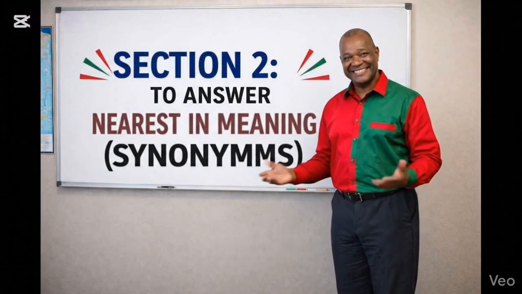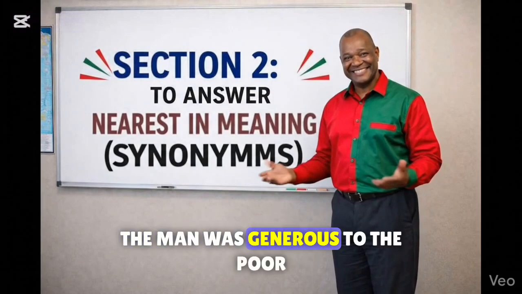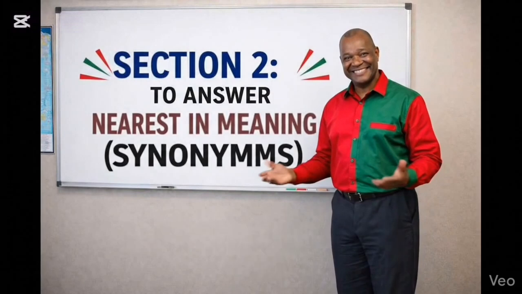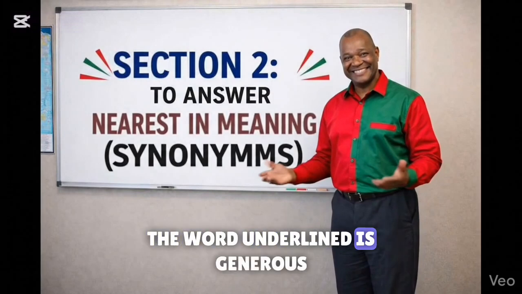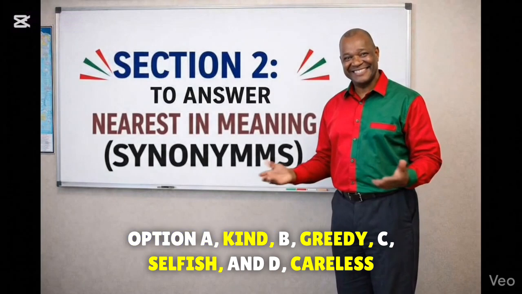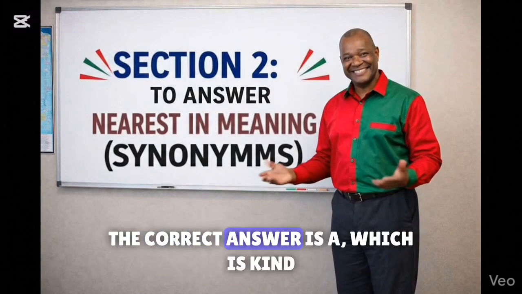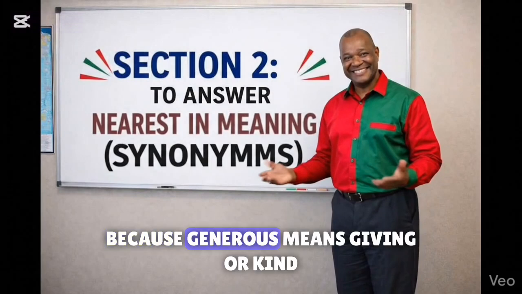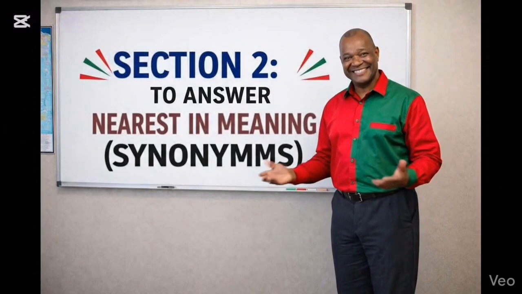Question 5. The man was generous to the poor. The word underlined is generous. Option A, kind, B, greedy, C, selfish, and D, careless. The correct answer is A, which is kind, because generous means giving or kind.